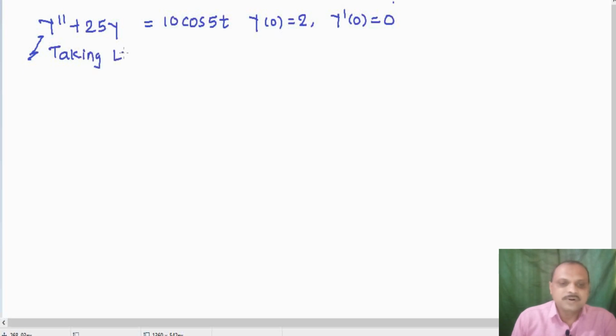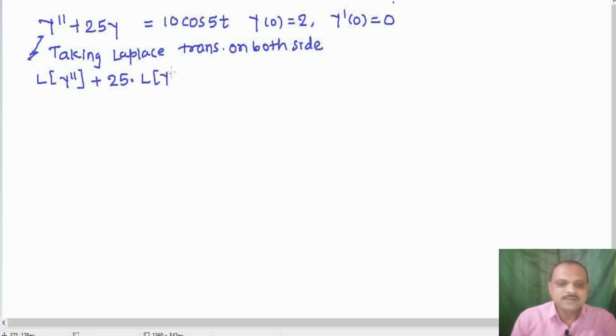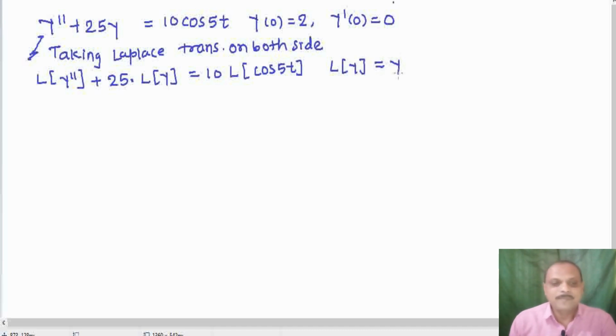If we take Laplace transforms on both sides, it is a simple process. So Laplace transform of y double dash plus 25, which is a constant, so we write it as Laplace transform of y. Again 10 is a constant, Laplace transform of cos of 5t. Here for the Laplace transform of y, we use another notation, y bar.